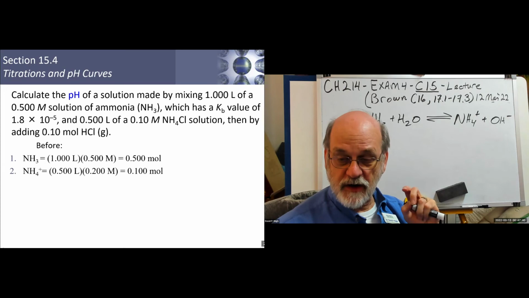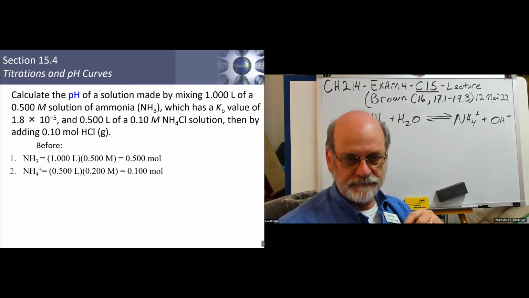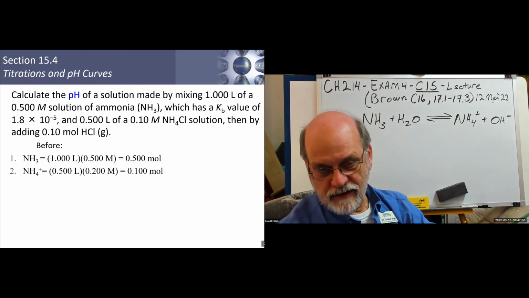We do it as a gas because that way it doesn't change the concentration of the other species. If we added HCl as a liquid, then we'd have to recalculate concentrations.